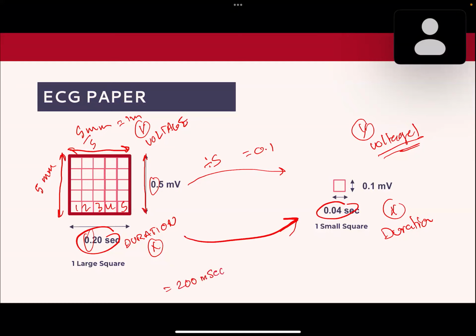And 0.04 seconds is going to be equal to 4 milliseconds. Is it? 200 divided by 5, that's going to be... Okay, now I'm confused. Anyways, forget about this. Just remember that in height it is 0.1 millivolts, and in width it's 0.04 seconds. That's going to help you measure the duration and voltage of the waves that Rawad told you about.